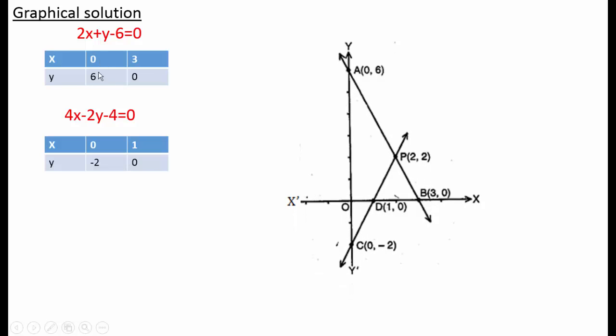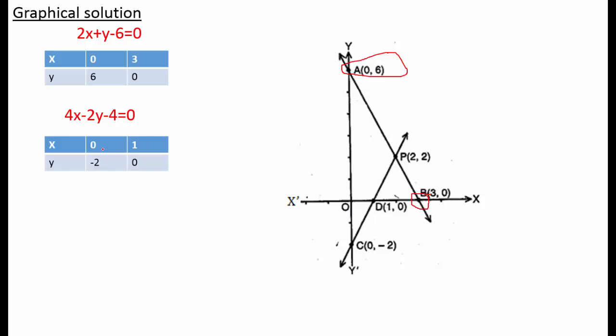Now for x 0, y 6, this is my first point, and for x 3, y 0 this is my second point, and joining these two points, line AB represents 2x plus y minus 6 equals 0.